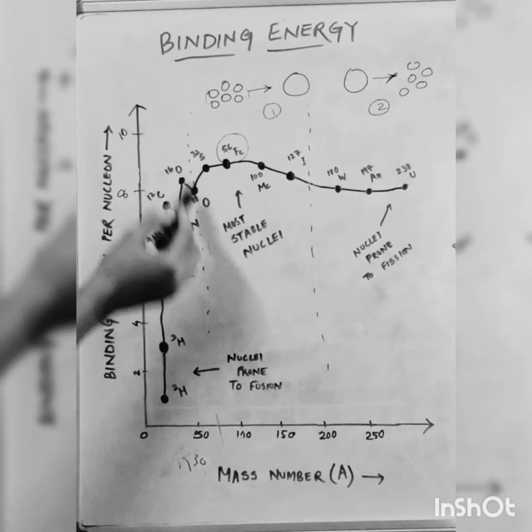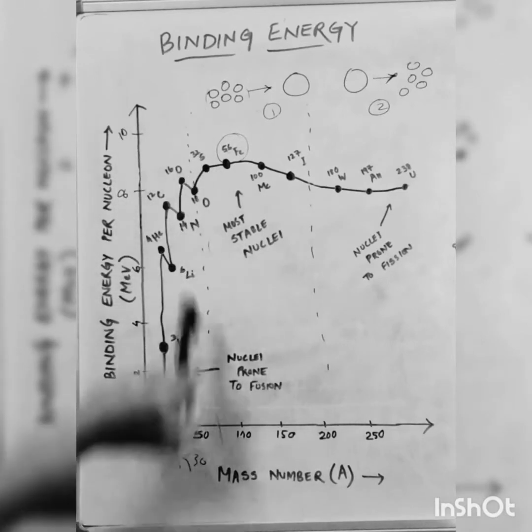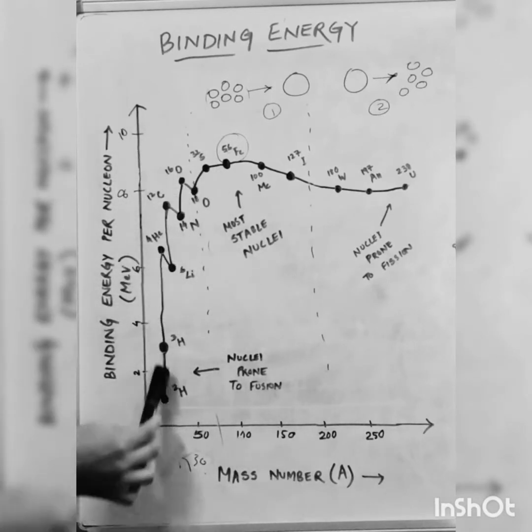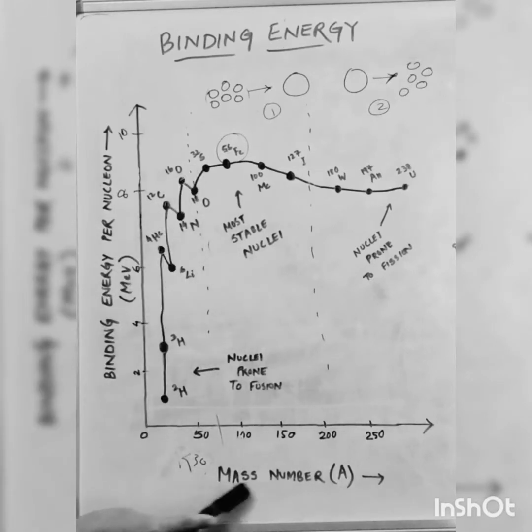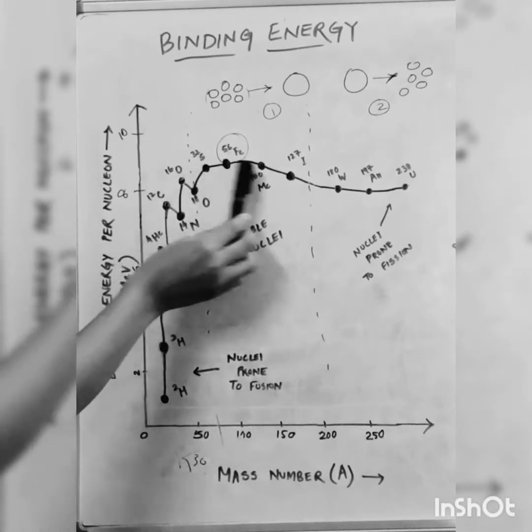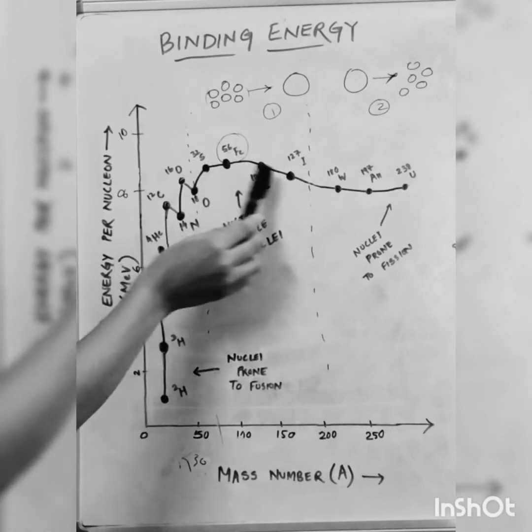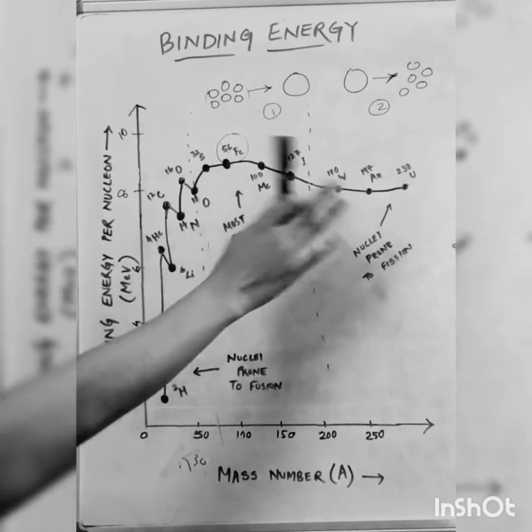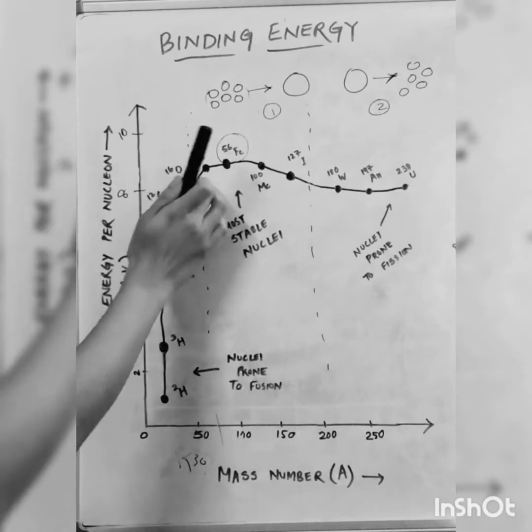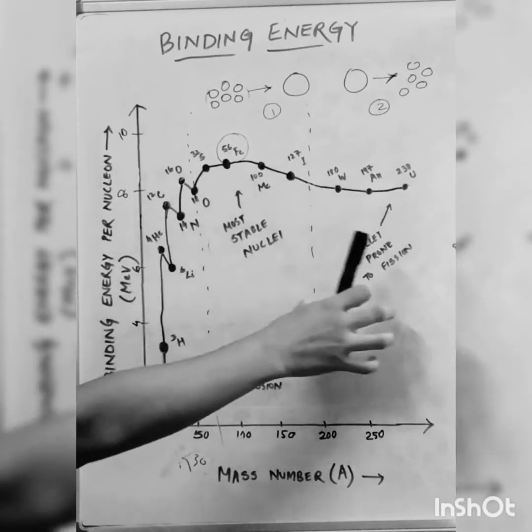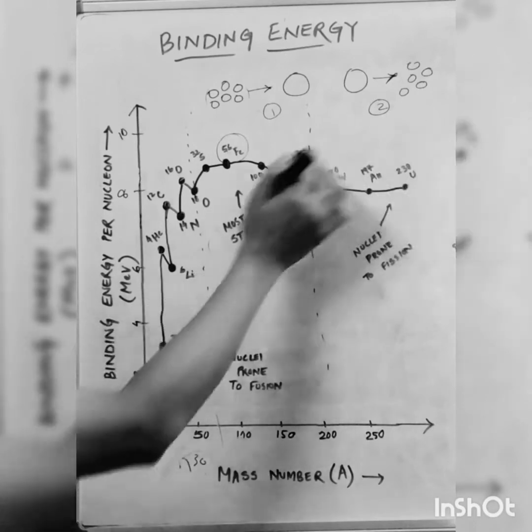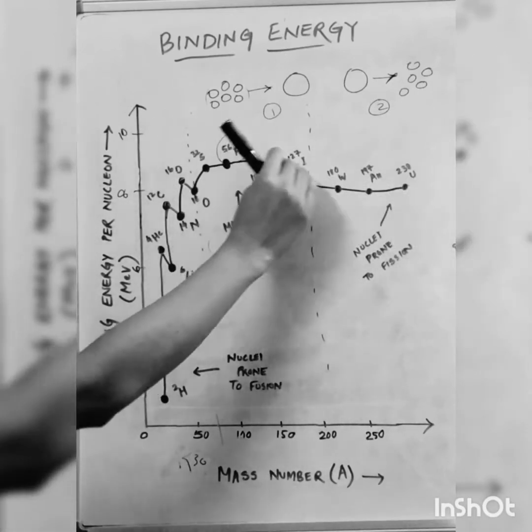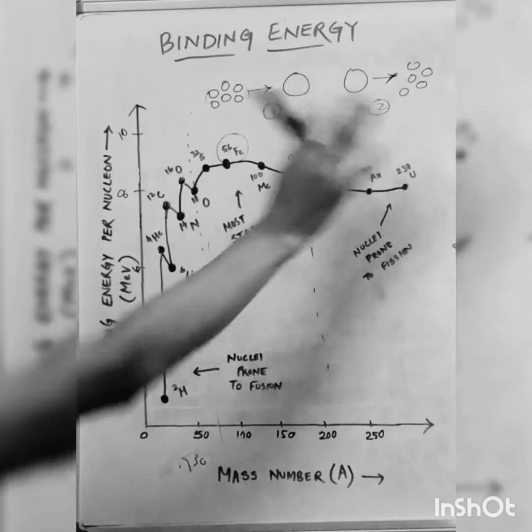Suppose this one is the first part, where you can see the binding energy per nucleon is increasing slightly as the mass number is increasing. This one is the second part, where you can see the binding energy is almost constant from here to here. And in the third region you can see that the binding energy is slightly decreasing from this constant term.